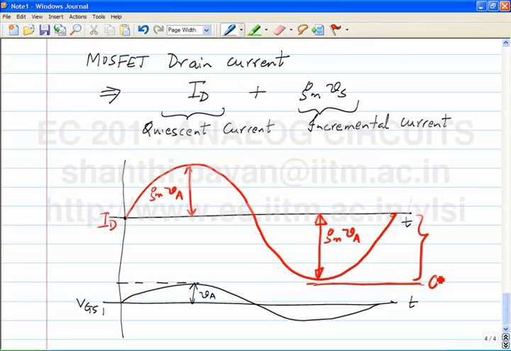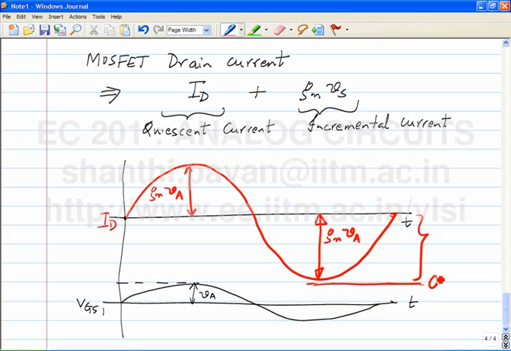The transconductance of the MOSFET depends on ID, correct? It's square root of 2 mu n and so on, proportional to the square root of I. And as the input signal is varying, the total current of the MOSFET is also varying. If the input amplitude becomes too large, on the positive side the transistor will try to get into the triode region.